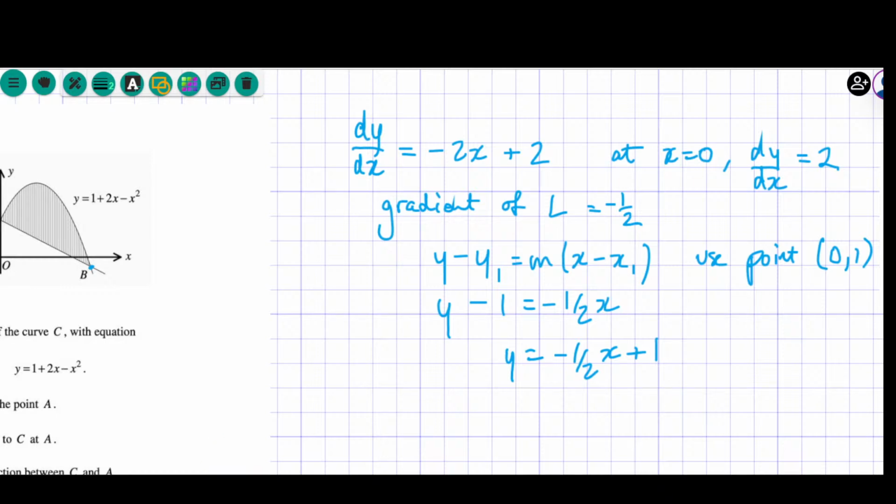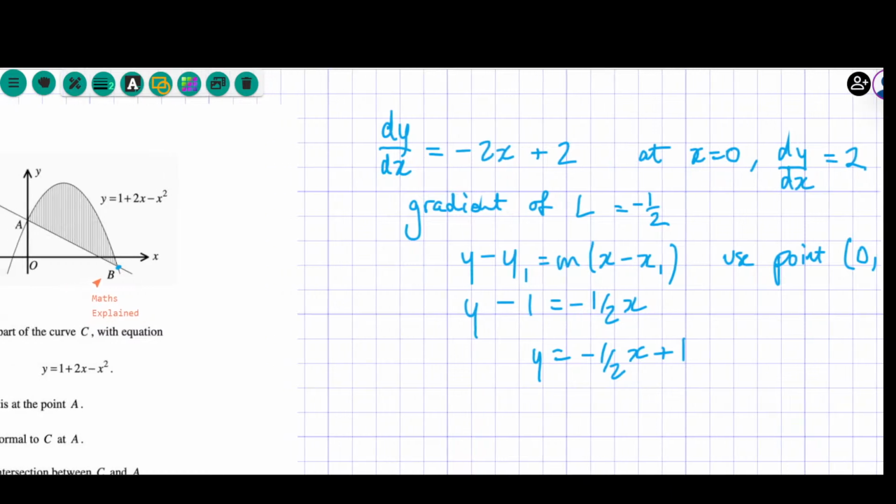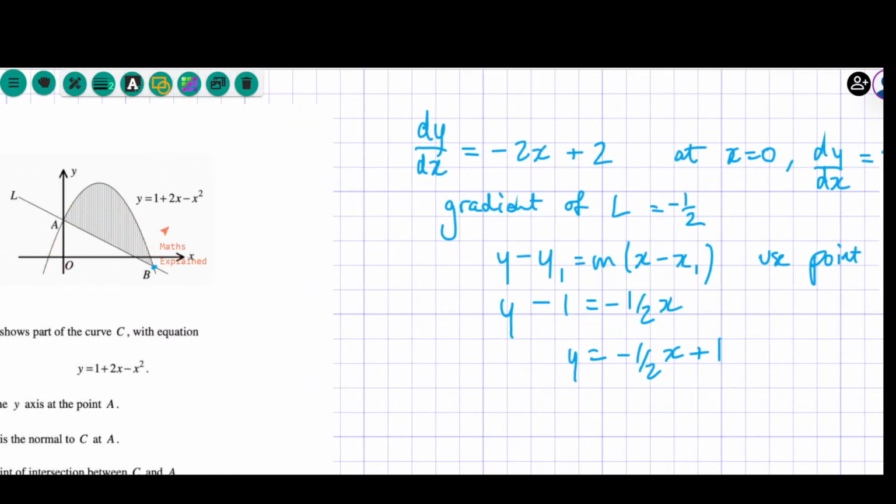And what next? So we have the equation of the line. What was the point of that? That was to find the point B. So how do we now find the point B with this equation? We find where it intersects with the quadratic. And I believe probably the simplest way to do that is to plug this in to our original function.